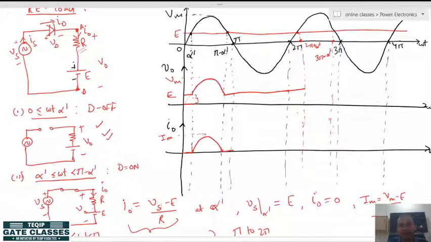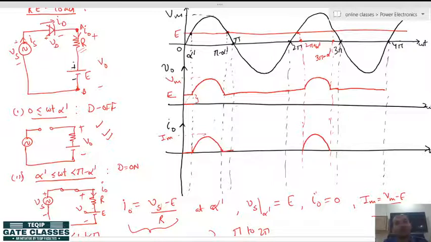So, again at this point the diode will be on and output voltage will be like this and current will be like this. All right. And again from 3 pi to 4 pi the circuit is off, hence output will be like this.